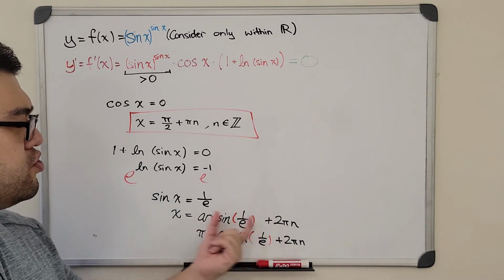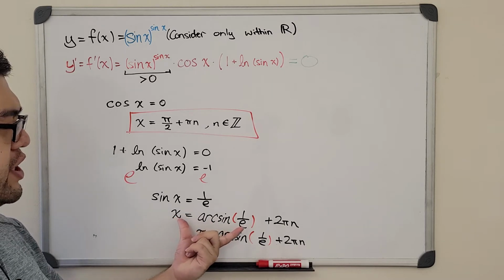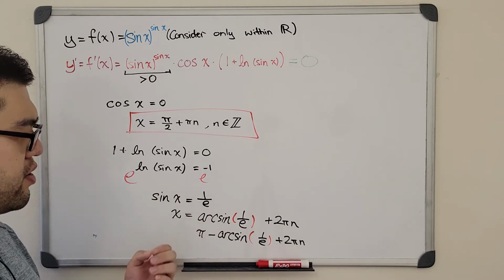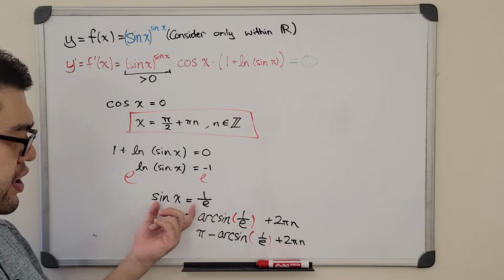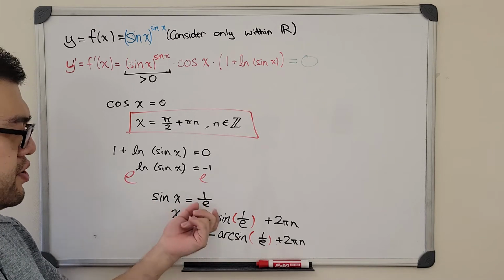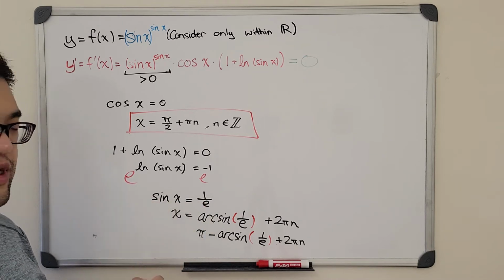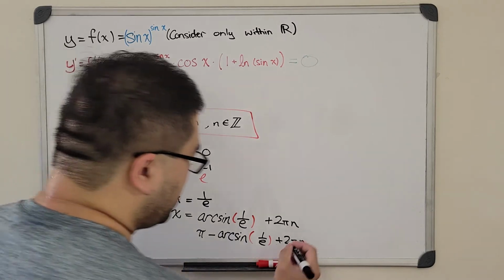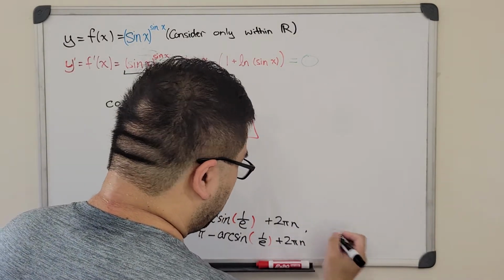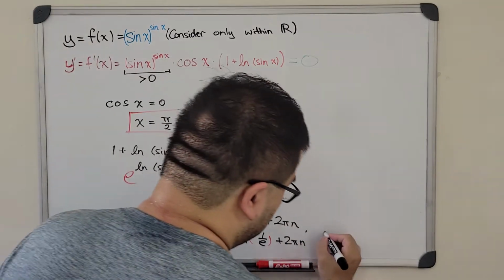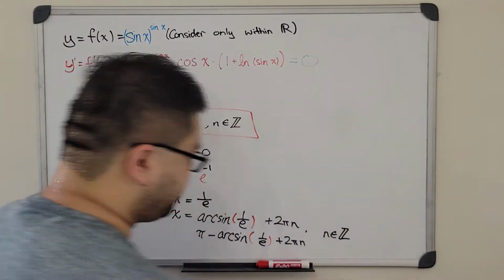So if we add 2 pi, we will technically get the same angle, and we will yield the same results after we plug it into the sine function. So again, we have two options here, and n is some integer.